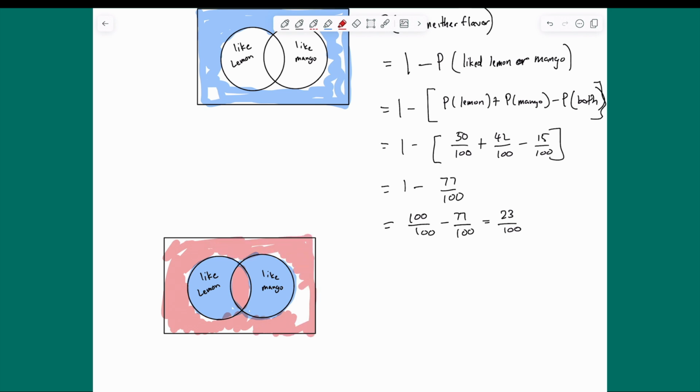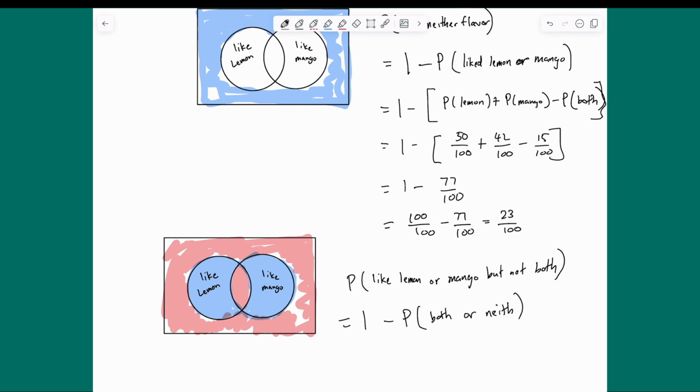And so if I do that, then that means the probability that they liked lemon or mango, but not both, can be found by going 1 minus the probability that they liked both or neither.